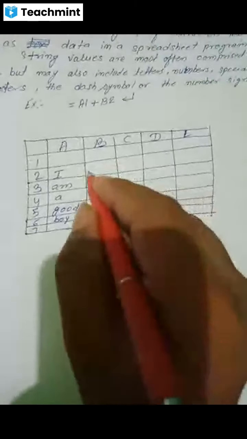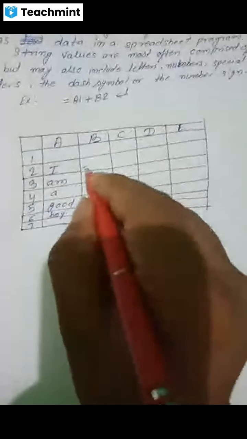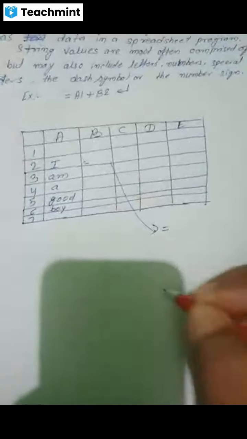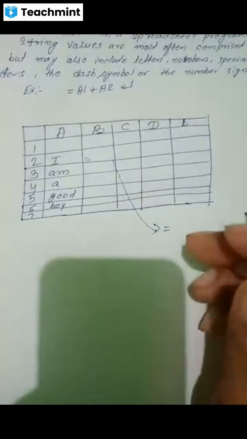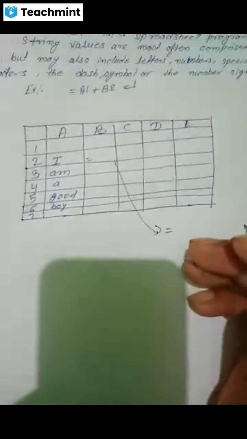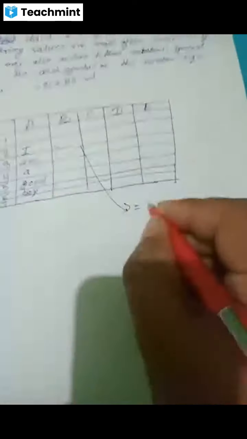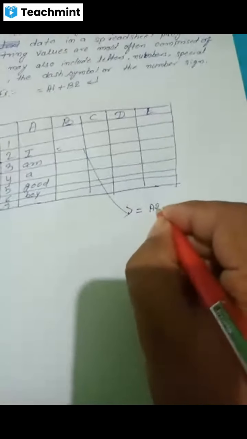If you want to get the result in this cell, how do we write? First we write the equal sign. If you want the result with a space, first we write the equal sign, and then the cell address, A2.